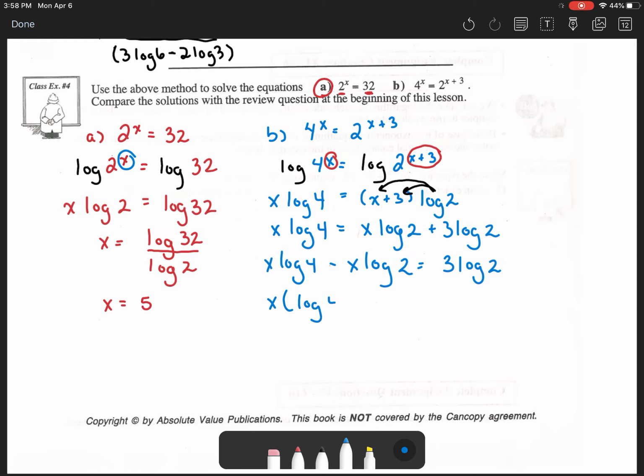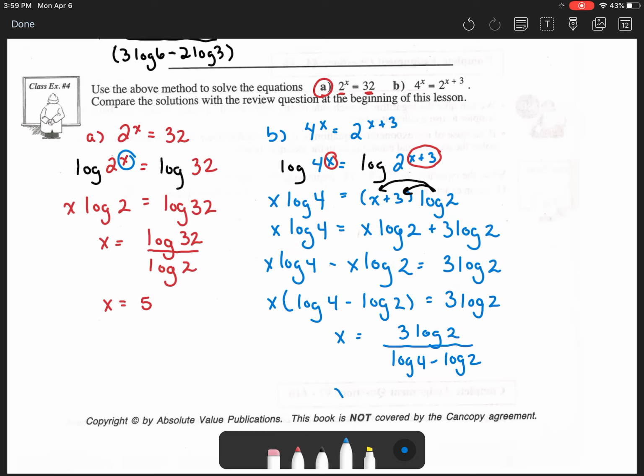I factor out the x from both of these terms, so just x, and now it's log 4 minus log 2, equals 3 log 2, and then x equals 3 log 2 all over the big long expression from the other side, so log 4 minus log 2, and there you go, there's your exact answer.